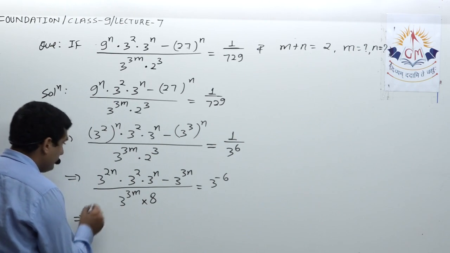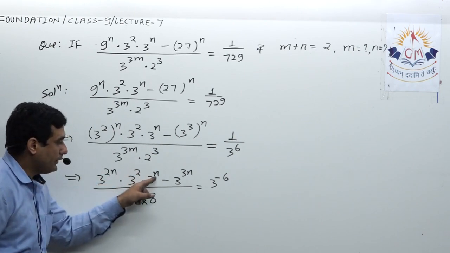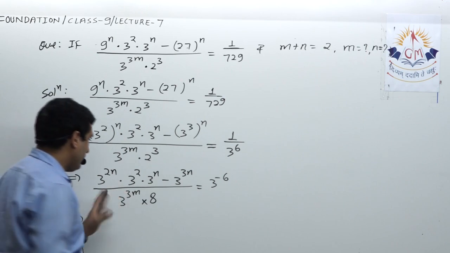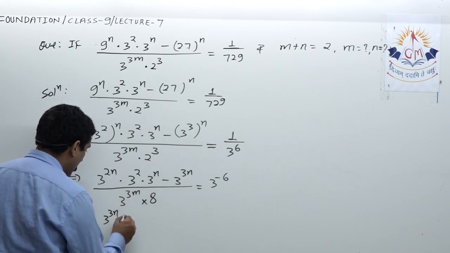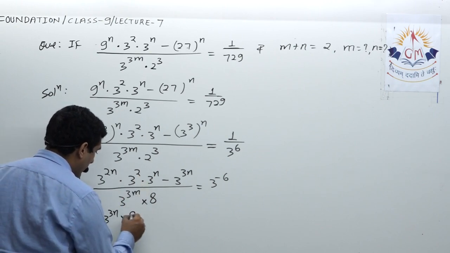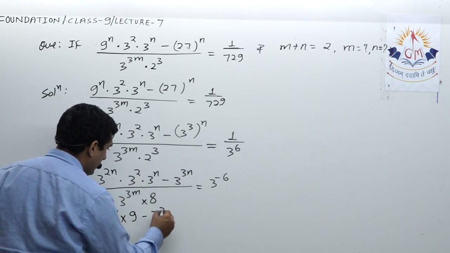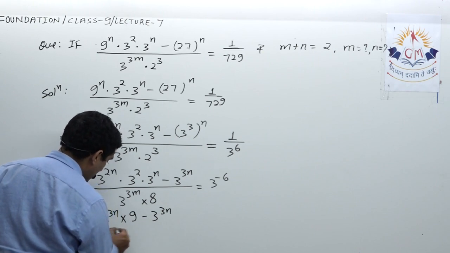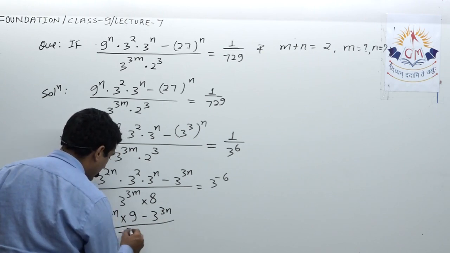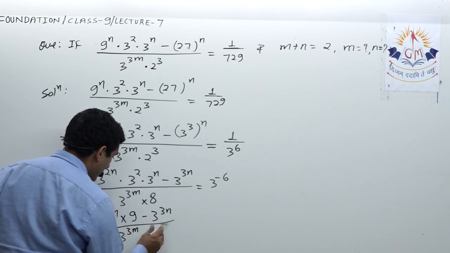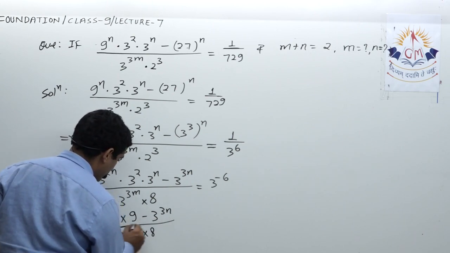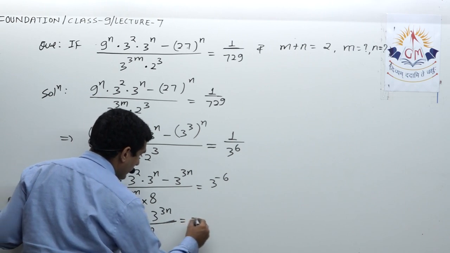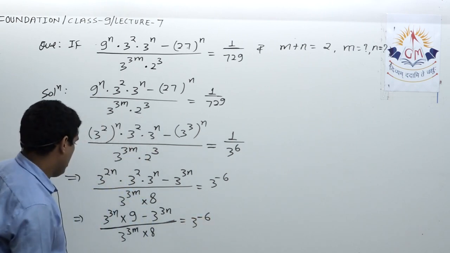Now over here, see, this is 3 raised to 2n, this is 3 raised to n, so I can take these together. So this gives me 3 raised to 3n multiplied by this 3 square, I am writing 9, minus 3 raised to 3n divided by 3 raised to 3m multiplied by 8 is equal to 3 raised to minus 6.